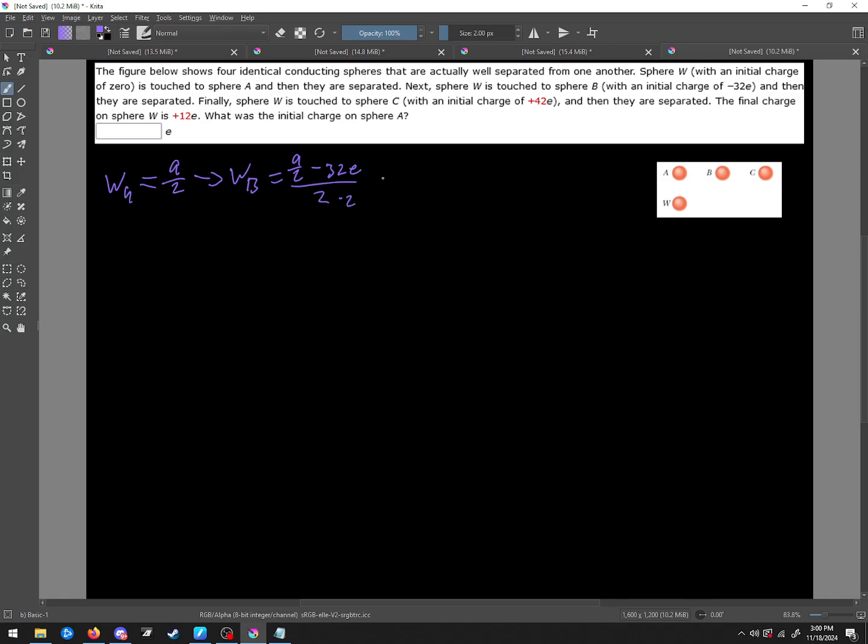So now we multiply each side of this by 2. That becomes 4, doesn't it? This becomes just A. What is this going to be? 64E. And then this is going to become a 4.